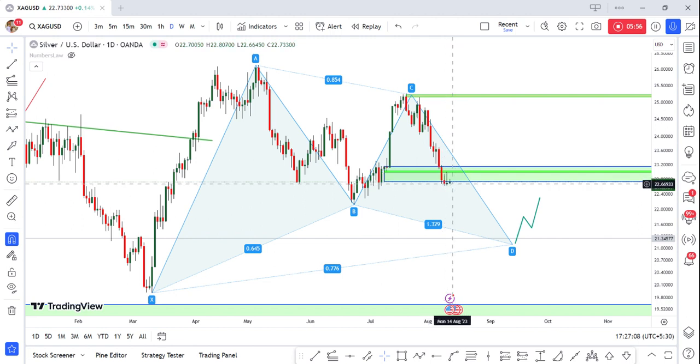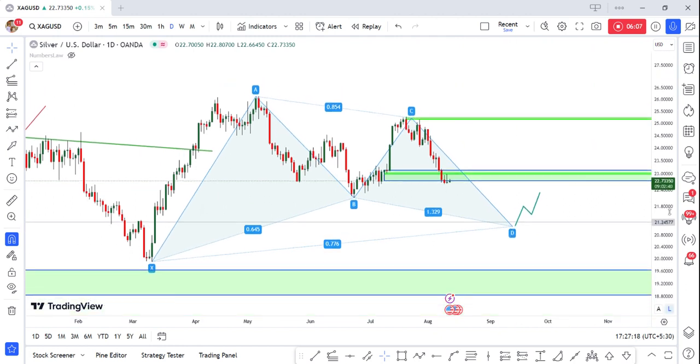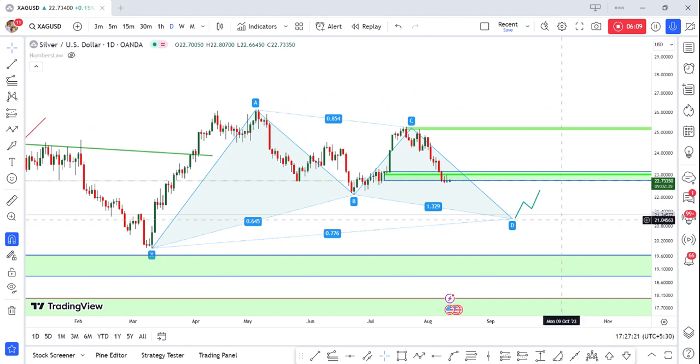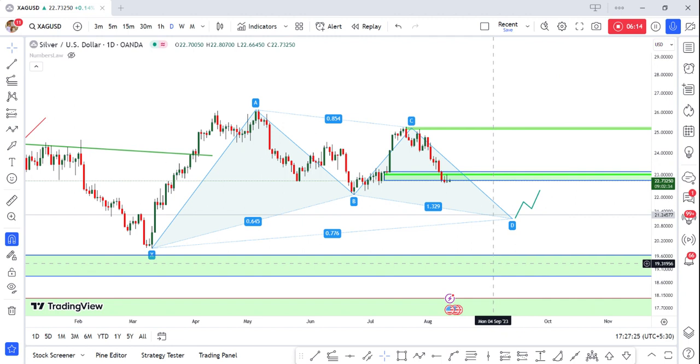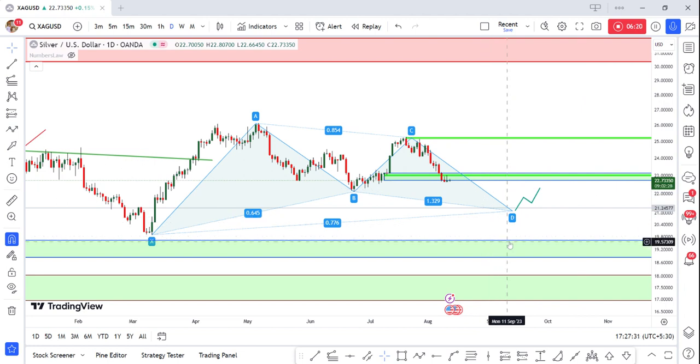The reason is maybe there is only one reason. If it comes down beyond this, the institutions are wanting it to be around here. They want silver to be in their hands at 19.